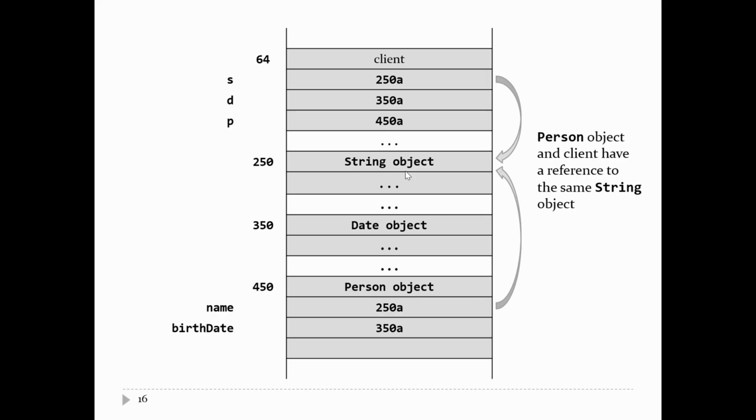And this.birthDate equals birthDate, in this case it's D. Whatever value is here, you just copy into here. This says that this.birthDate refers to that date object. And the caller has a date reference that also refers to the same date object. So both the caller and the person object are sharing references to the same objects. There was no second date object created, and no second string object created.